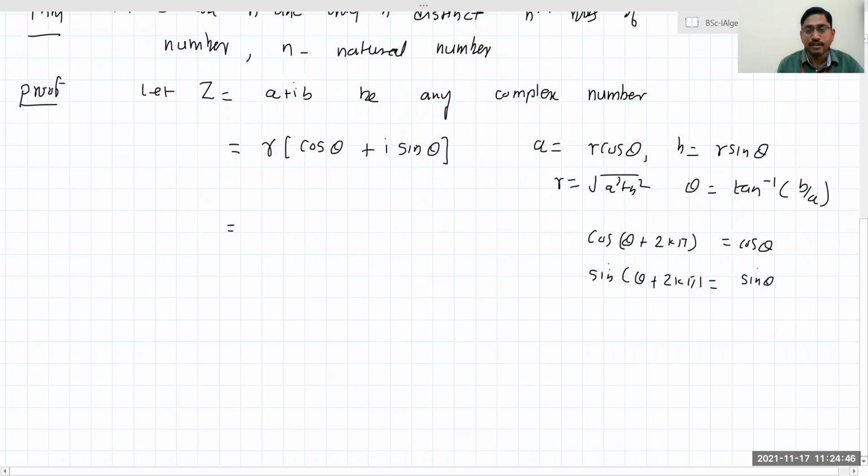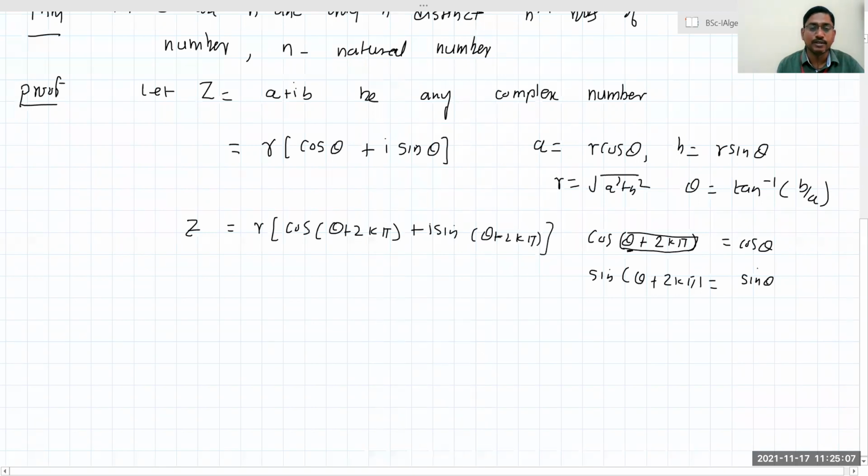If this theta is the principal value of the argument, then this is the general value of the argument. So I am writing z in terms of the general value of the argument: z equal to r times cos of theta plus 2k pi plus i sine of theta plus 2k pi.